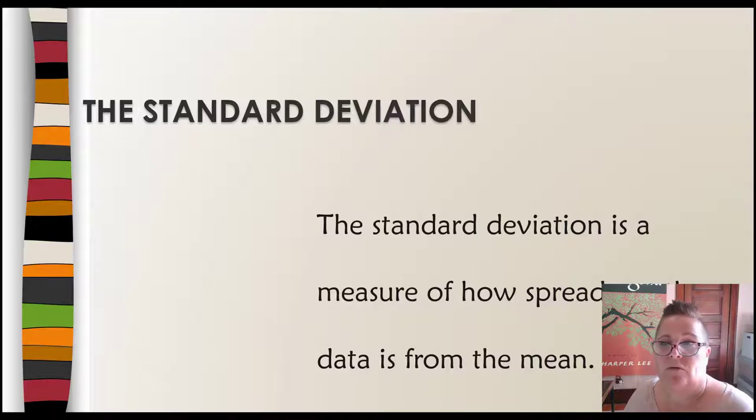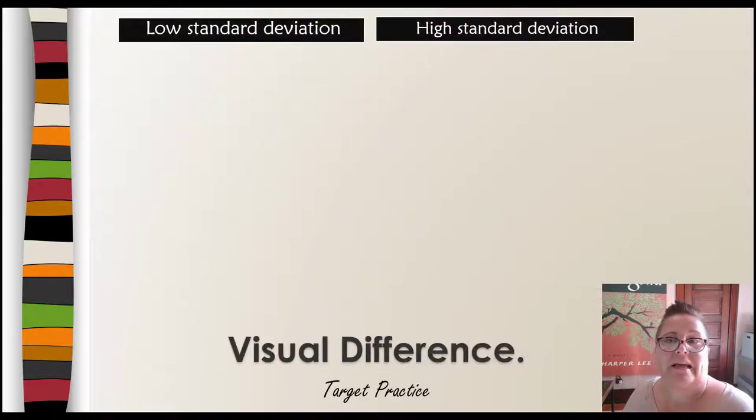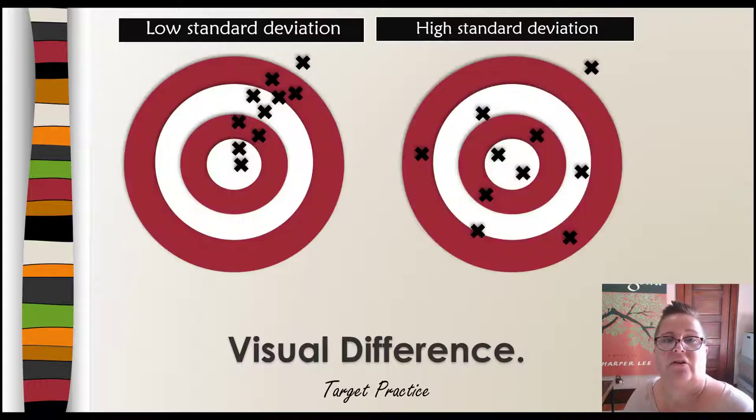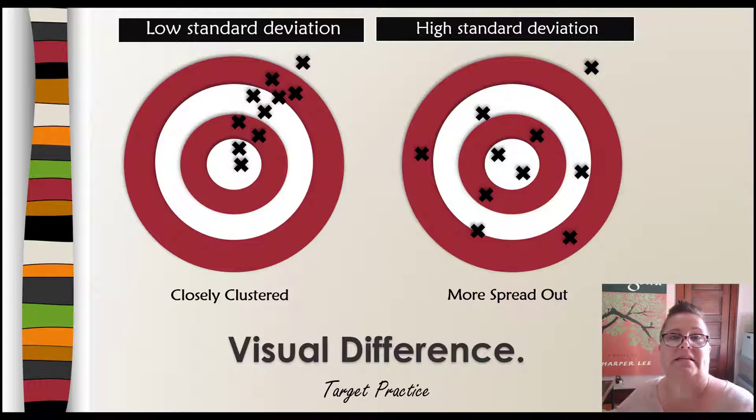So it lets us know if the data has a lower standard deviation or a higher standard deviation. When you have a lower standard deviation, the data itself is very closely clustered together. A higher standard deviation means that your data is going to be more spread out. It's sort of across the board.